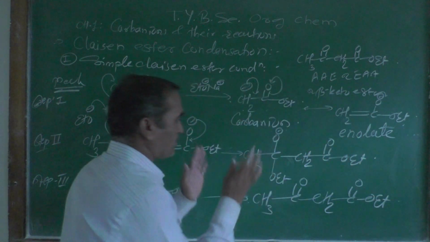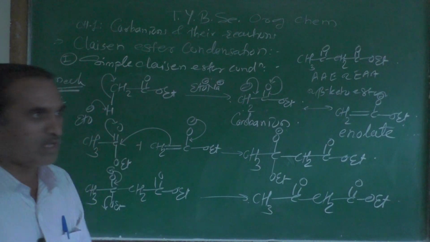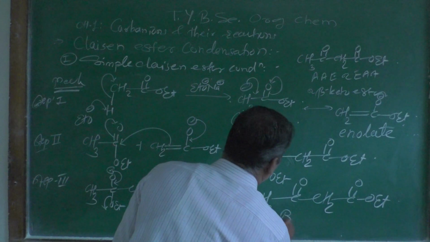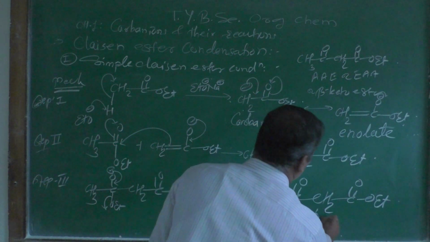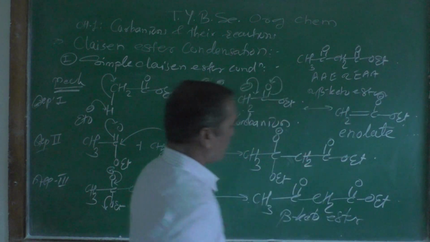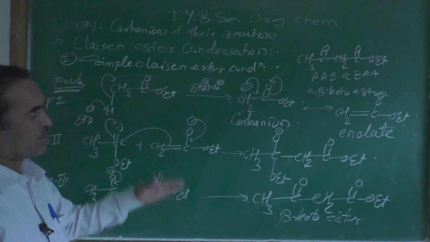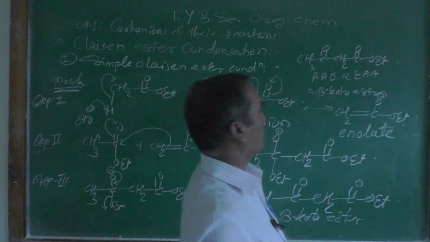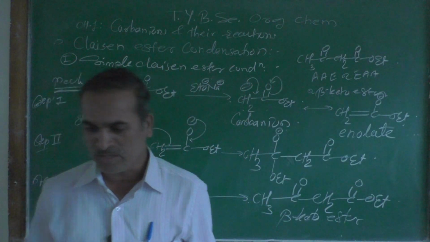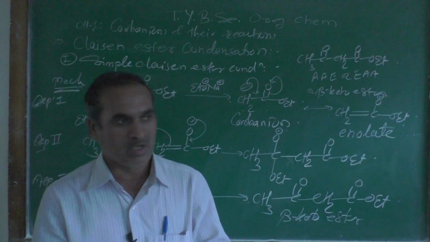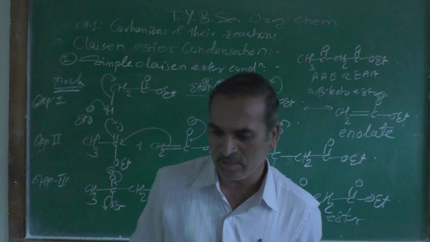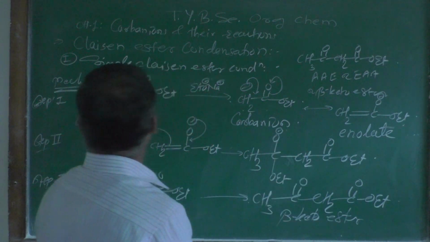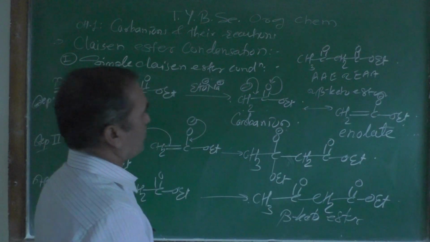This is the resulting compound we get, which is known as a beta keto ester. We can also refer to it as ethyl acetoacetate or acetoacetic ester. In this way, we have seen the complete reaction of the simple Claisen ester condensation.